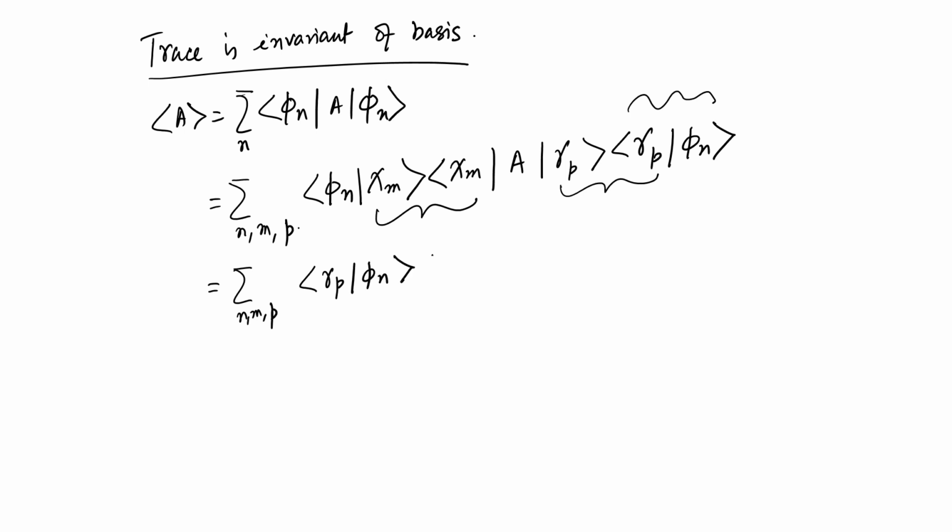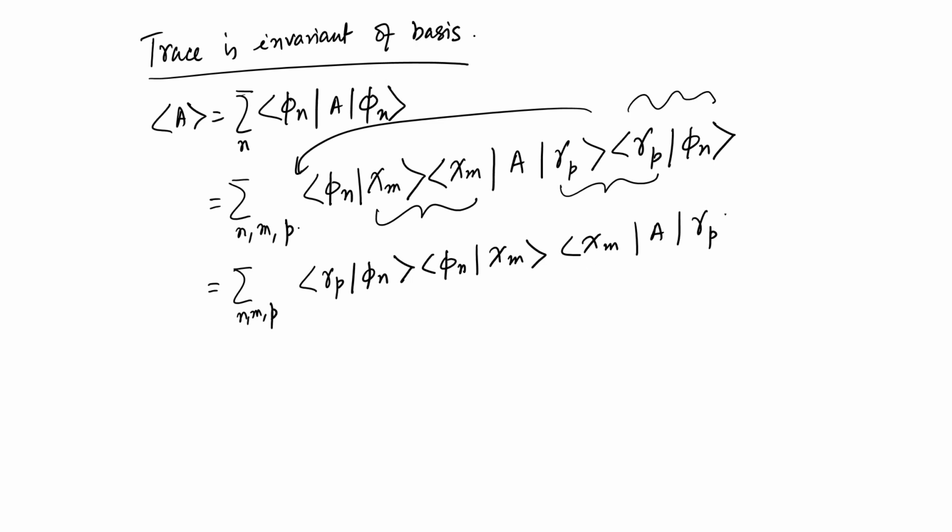So, bringing it to the front here, this becomes equal to phi n, then we have chi m, and chi m A gamma p, and then gamma p phi n, where phi n is a basis, chi m is another basis, and gamma p is another basis, and they all come with different indices, which has been shown here.